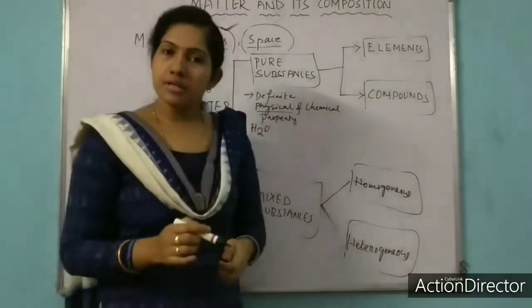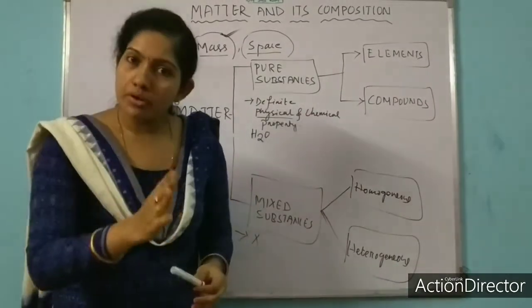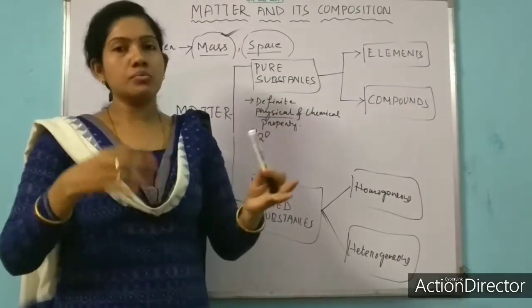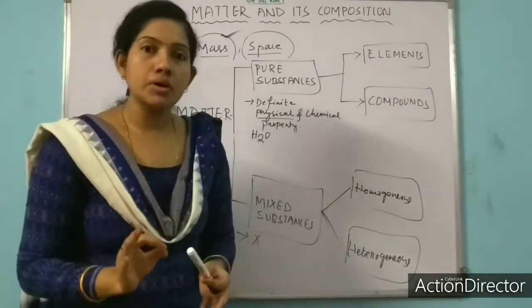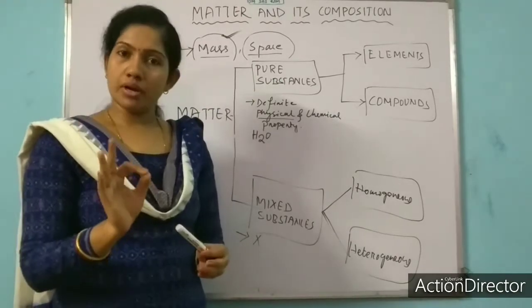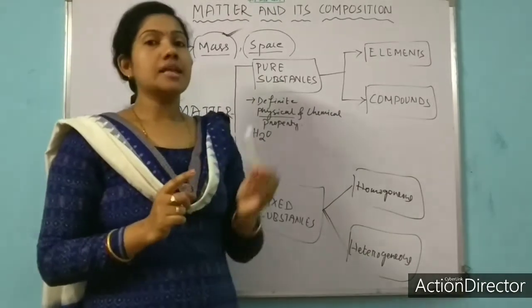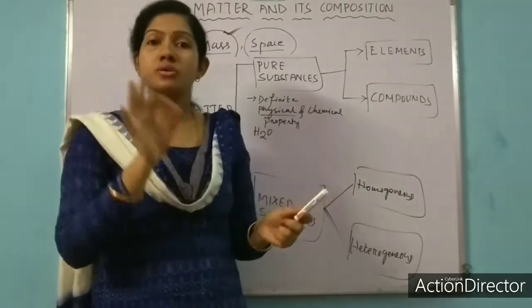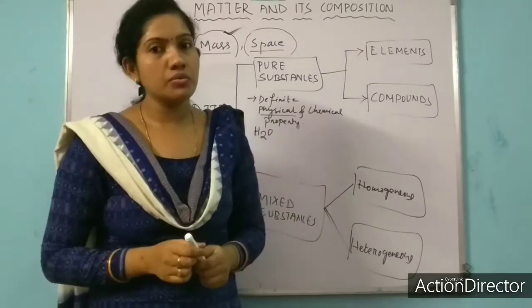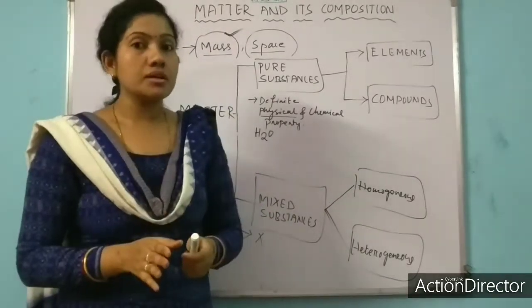From wherever you take water, from your RO, from a pond, from a tube well or bore well, from rain water, the boiling point and freezing point of water will be the same. That is, 100 degrees Celsius is the boiling point and 0 degrees Celsius the freezing point. You cannot change the boiling point and freezing point of water.